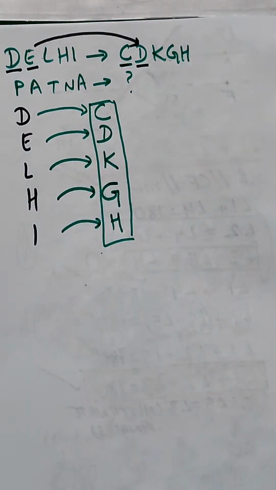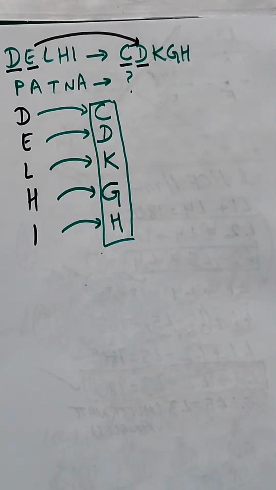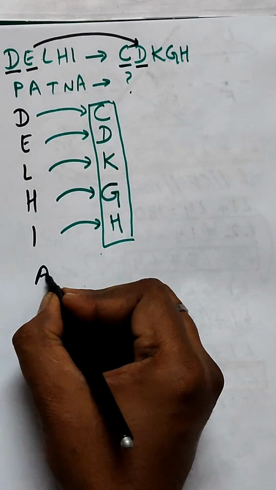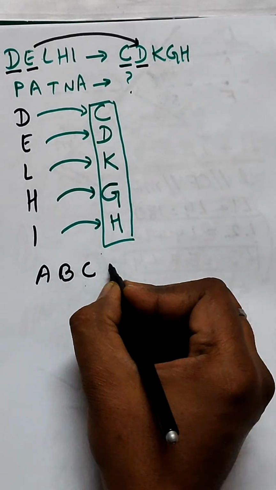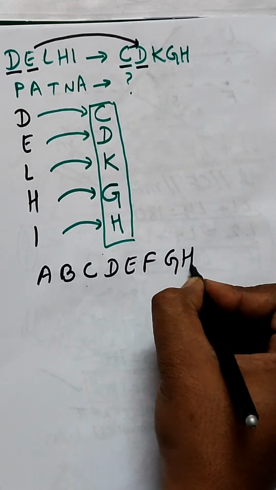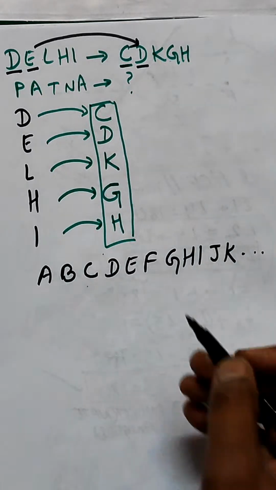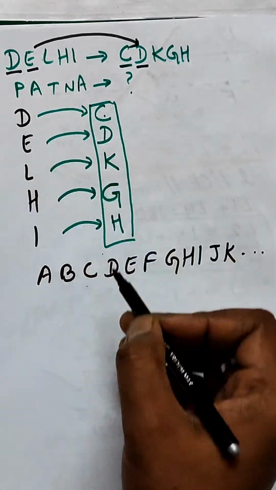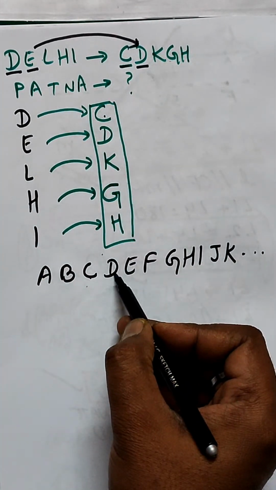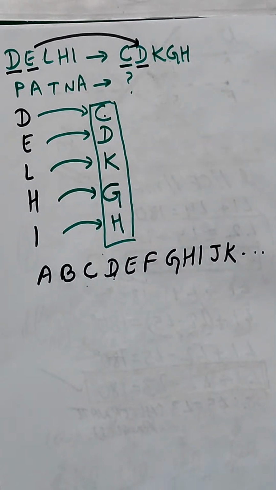What is the relation you can see? If you are just writing the alphabets A, B, C, D, E, F, G, H, I, J, K, like this. Then C is coming before D. If D is there, we have to write what?